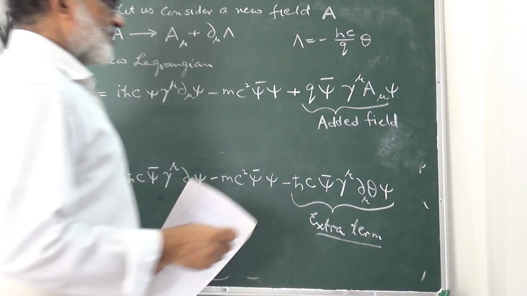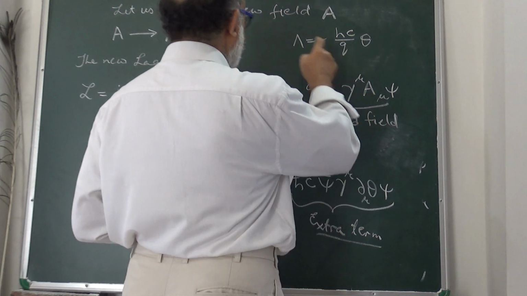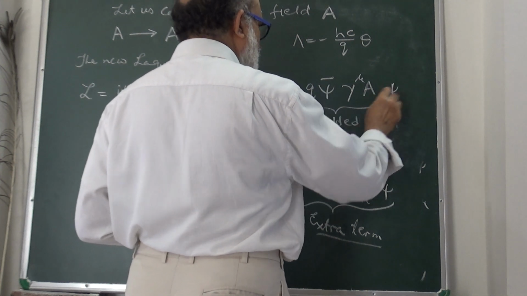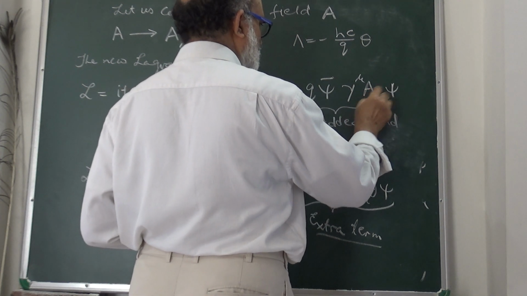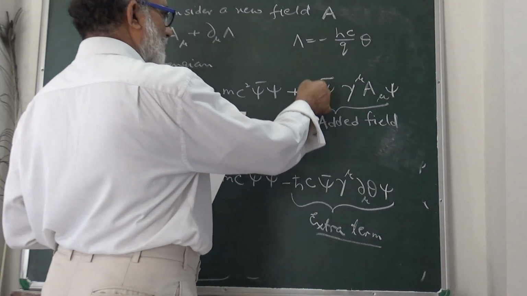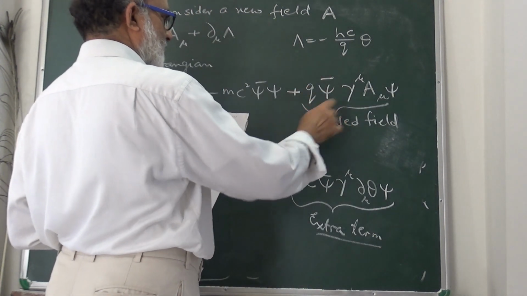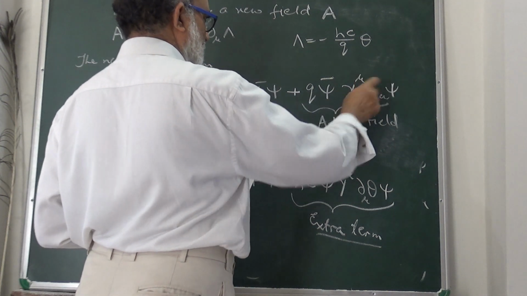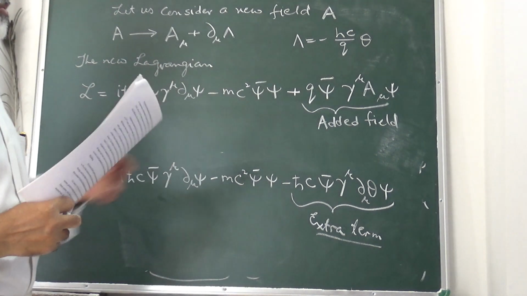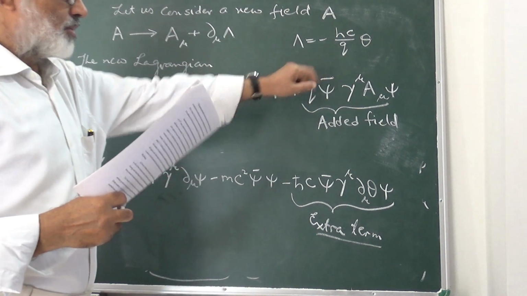Here we have added A mu, and this is the interaction part of the fermion field with this new field A mu. Then Q is the coupling constant, the constant with which these two couple. So Q gives you the magnitude of the coupling constant.